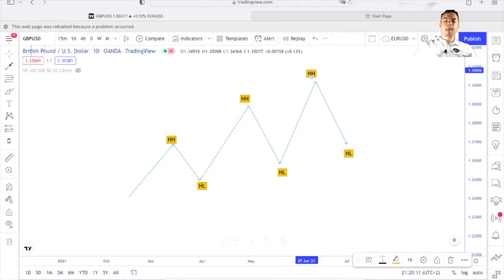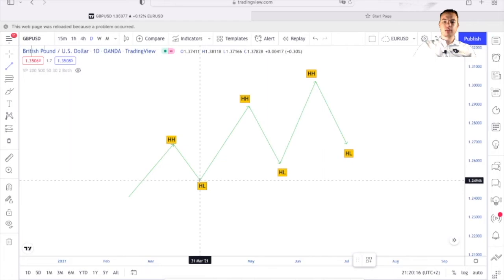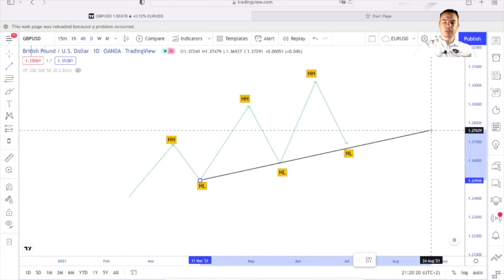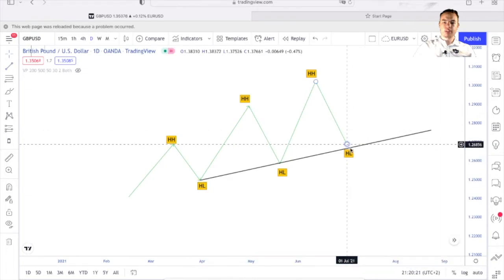So now your trend line, let's start here. This is an ascending trend line. That's how you'll put it.